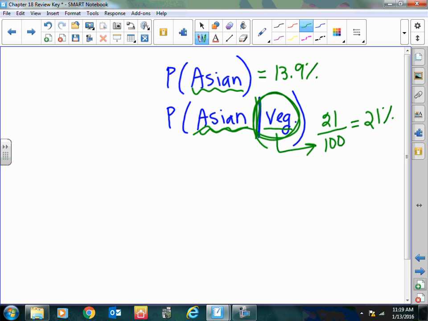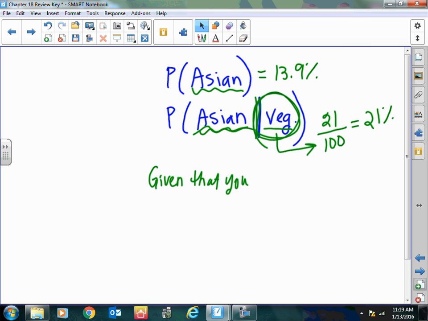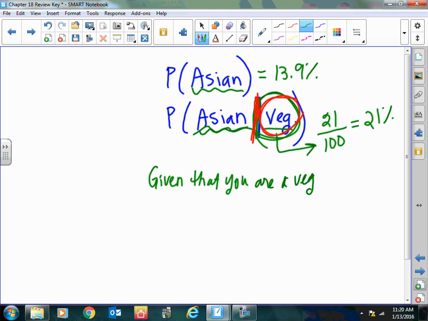Therefore, what does that mean? Are they independent or not independent? They're not independent. The way I would word that, it's nice to just start with the way that this is notated: given that you are a vegetarian, and then what does it do?